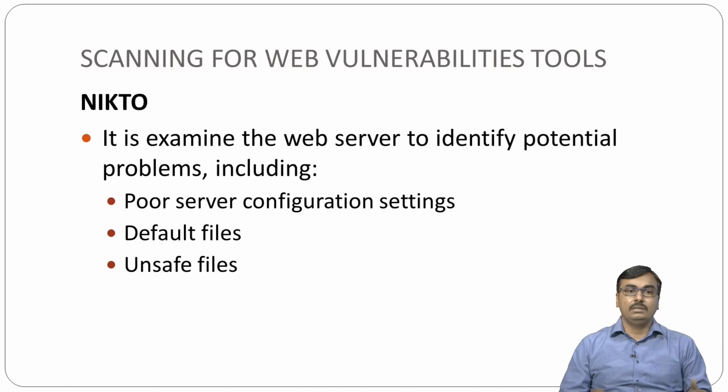Through examining the web server, it identifies potential problems, including poor server configuration settings, default files and unsafe files. All kinds of problems can be identified through that. A web pen tester or hacker can compromise such configuration settings as well as the weakest link.